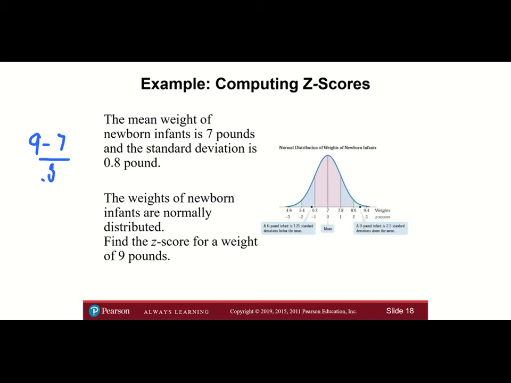All right, so 9 minus 7 is 2, and then we'll divide that by 0.8, and when we do that, we get 2.5. So that means that an infant who weighs 9 pounds is 2.5 standard deviations above the mean, because it's a positive value.